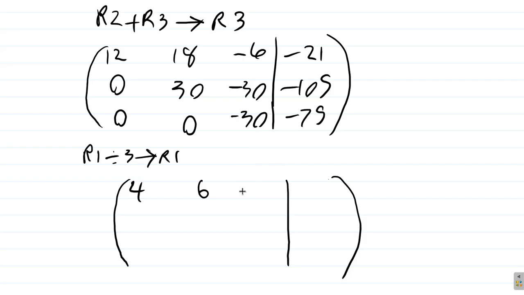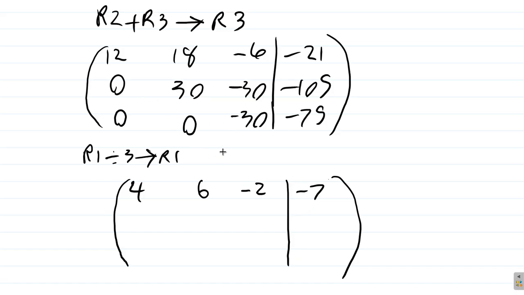Negative 6 over 3 is negative 2. And then negative 21 over 3 is negative 7. Alright? So we have that.